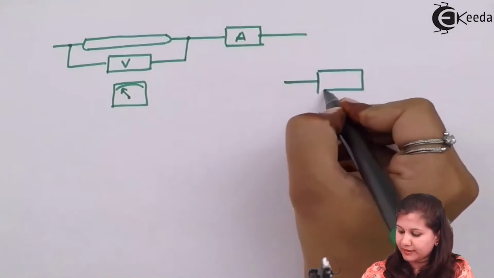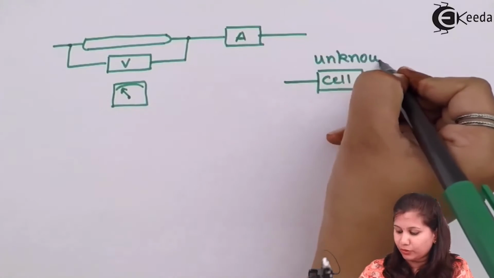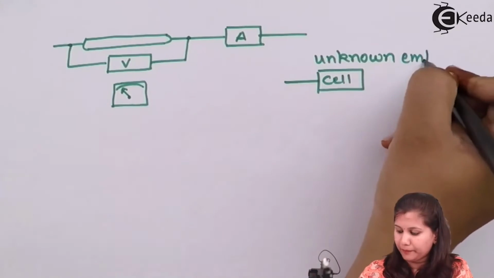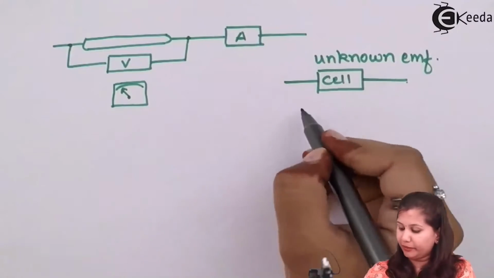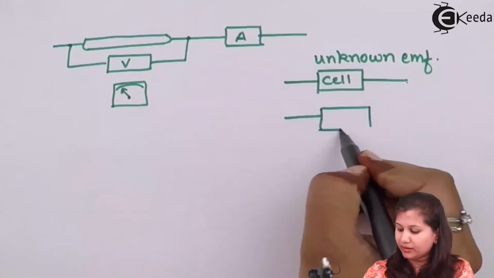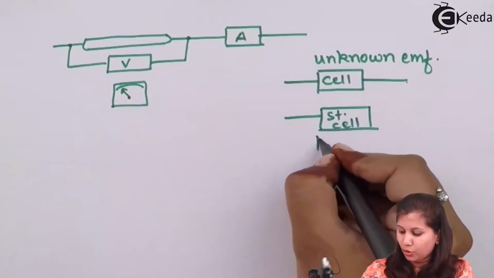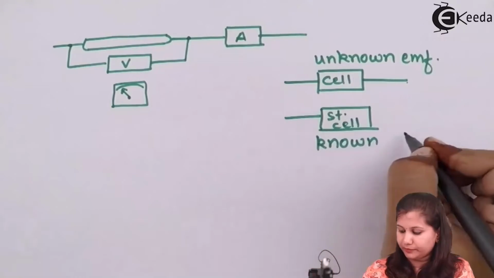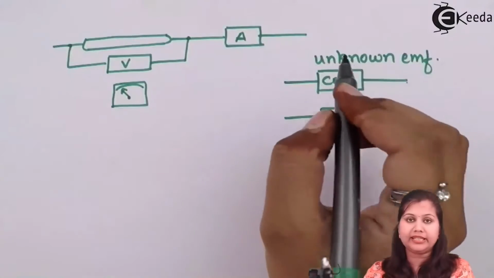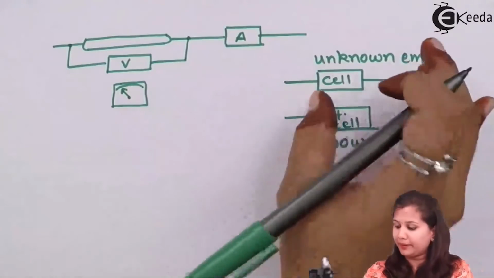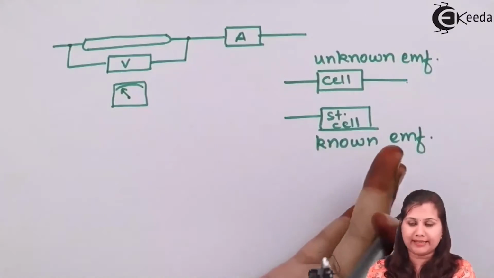Here we have a cell whose EMF is unknown. Now we measure this unknown EMF by comparing it with a standard cell whose EMF is known to us. So here the unknown quantity is measured by comparing it with a known quantity. That is a type of comparison method.